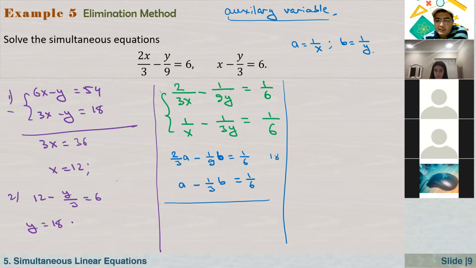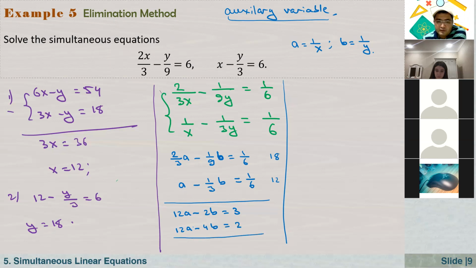Let me multiply by 18. The first one becomes 12a minus 2b equals 3. The second one, multiply by 12: 12a minus 4b equals 2.